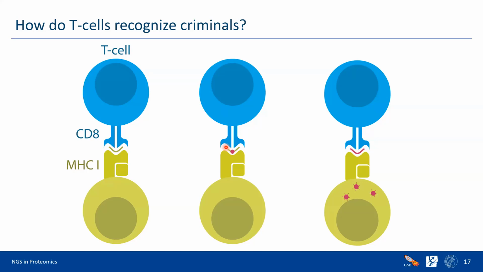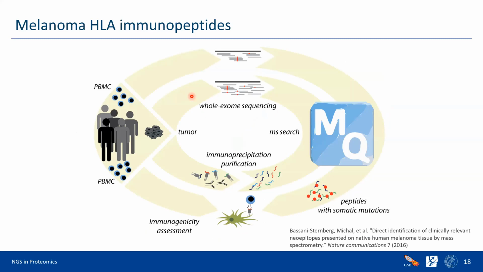There's a lot to do, of course, but that's a matter of this research. Let's study that. What we did in our study, this is exactly the publication if you're interested. In this study, we checked melanoma patients. We took blood from them as a representative of the reference, the basic proteome, the proteome which was not altered during cancer development.